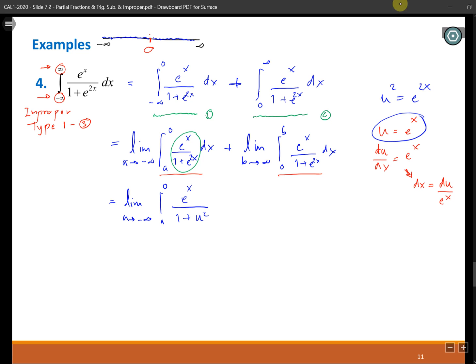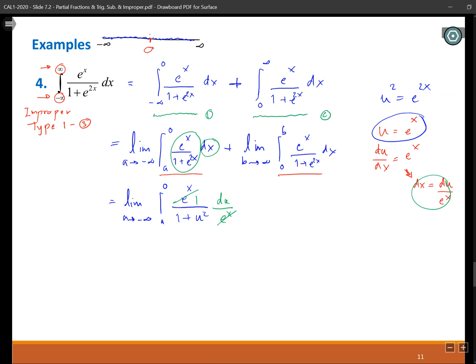Now I take care of this dx, and I use this. This dx is going to be equal to du divided by e to the power of x. And that is why I leave this e to the power of x up here alone, because it's going to cancel with this term, and this becomes just 1.